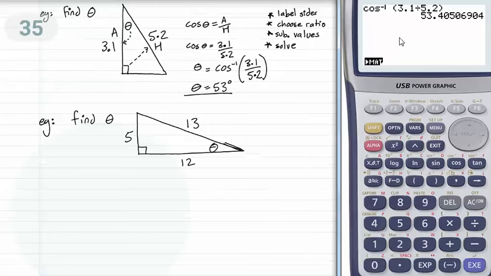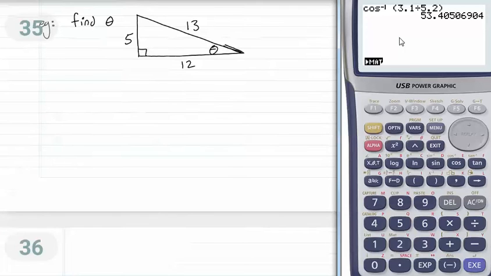So one more question. Following my steps there. This one's tricky because they've actually given me all three sides. I've got hypotenuse of 13. Next to theta, I've got the adjacent of 12.